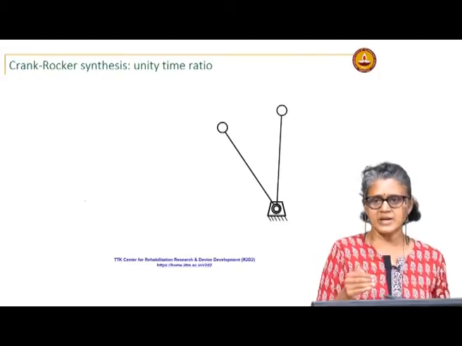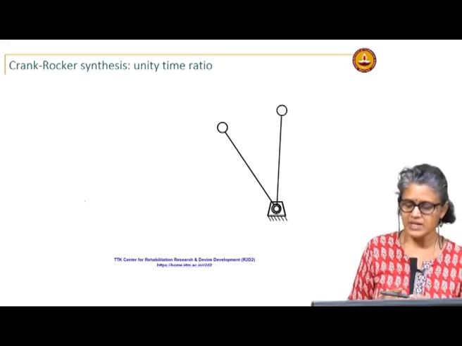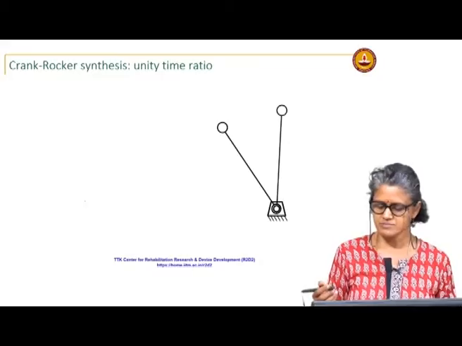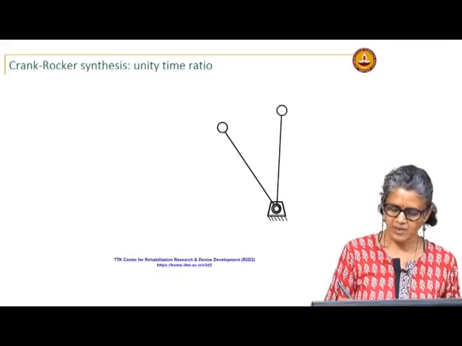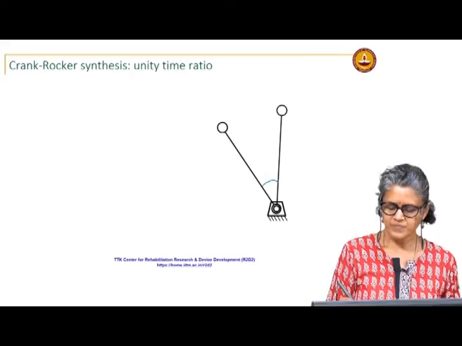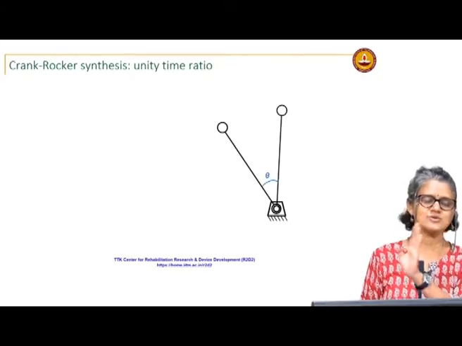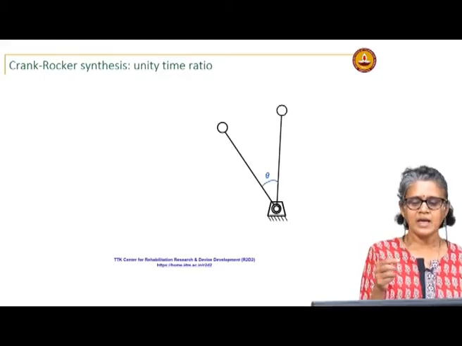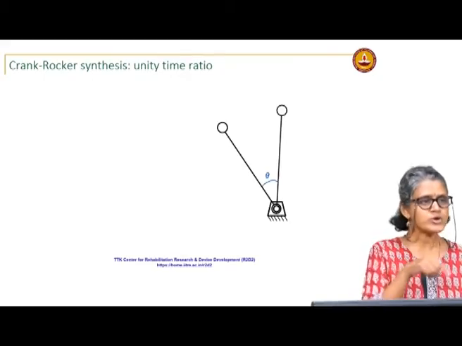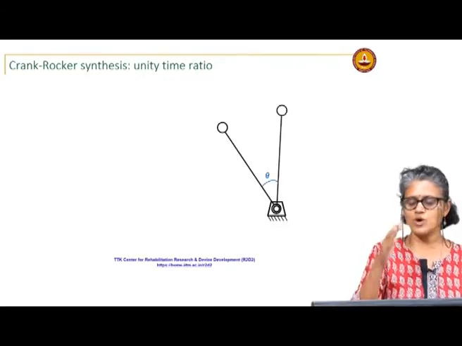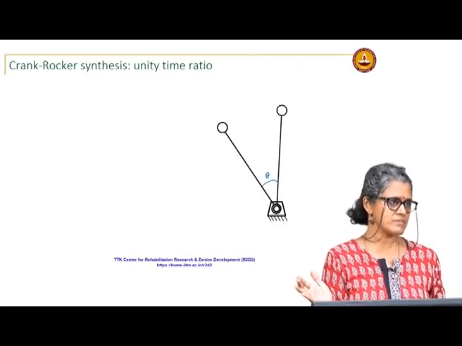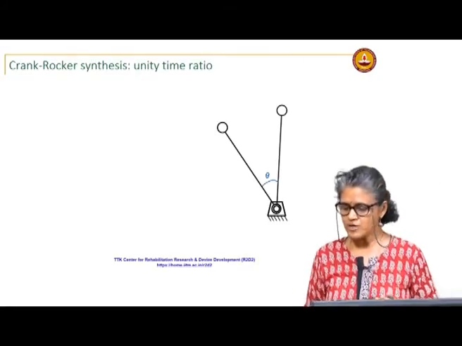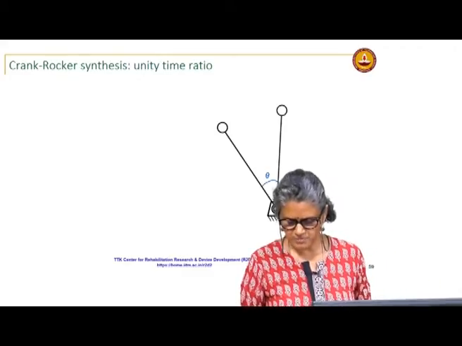So the other practical problem that we usually encounter is where you want the rocker to move through a certain angle, move between two positions subtending a certain angle, okay, and you want the input to be continuous. So I want this to rock back and forth between these two limit positions. Okay. So I want to design, so let me state the problem.